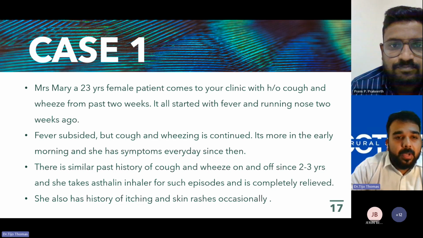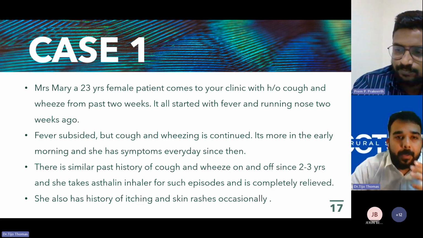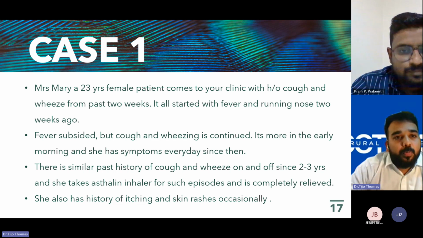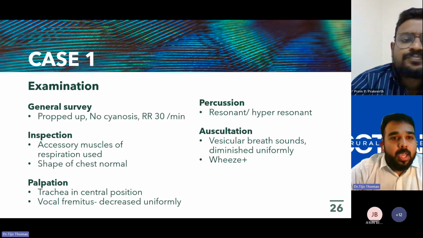There are multiple episodes in the past which are relieved when the patient uses an inhaler, and there's also a history of itching and skin rashes indicating atopy. It's a young female, the predominant complaint being wheeze, which aggravated after the infective episode. So we're looking at an exacerbation of asthma mostly.